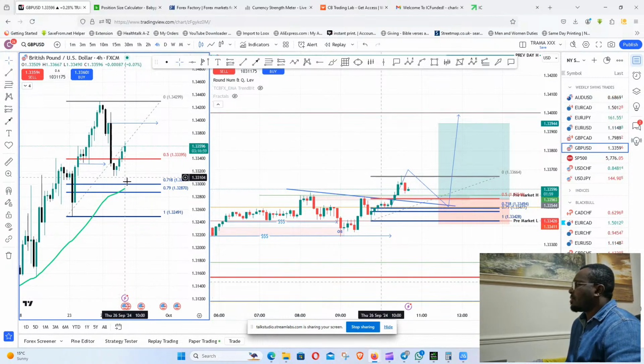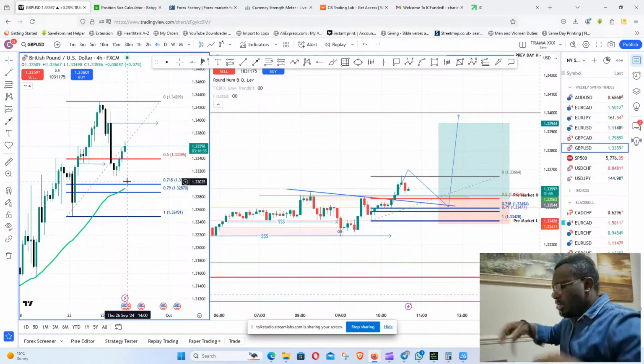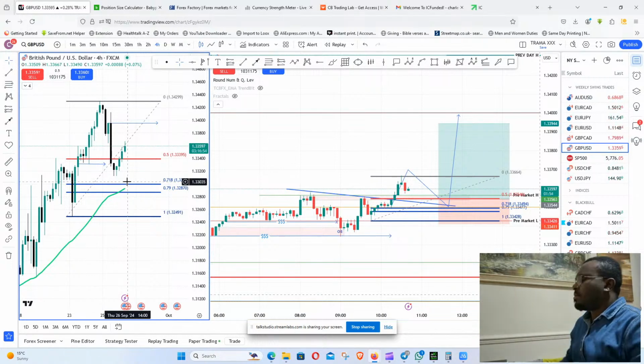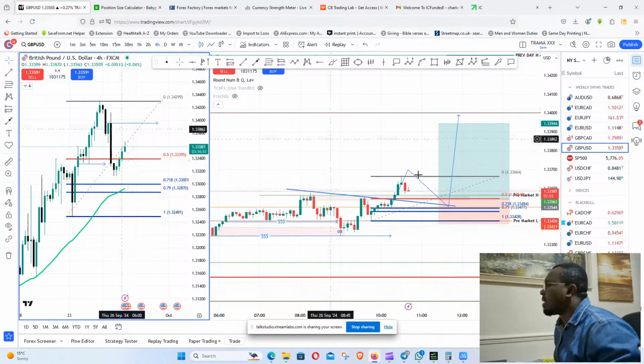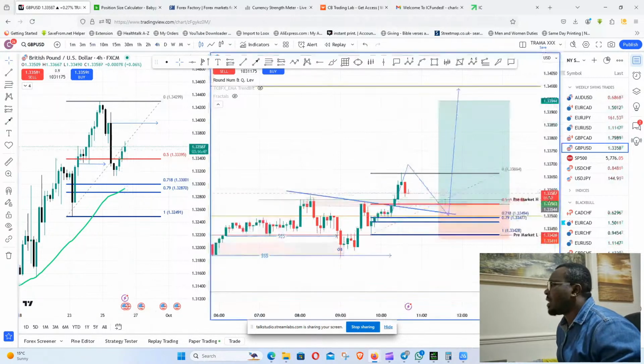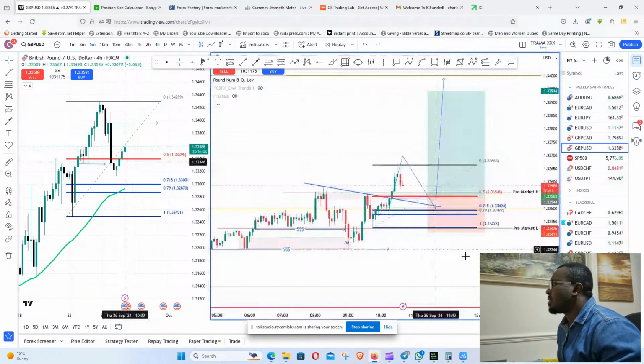If it's going to go up, continue the bullish trend, getting there and taking TP is good. So I'm waiting for a pullback on this lower time frame for that continuation, and that will be our last bust for today.